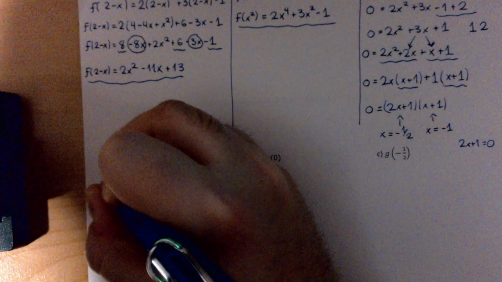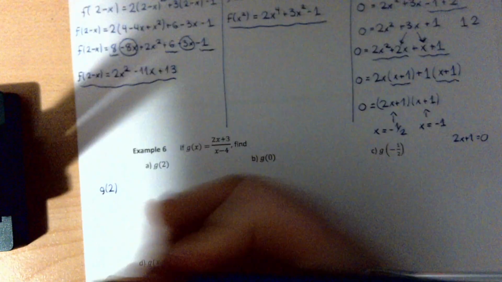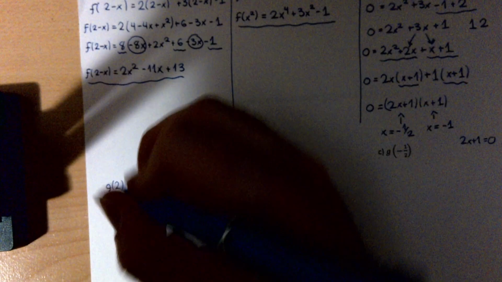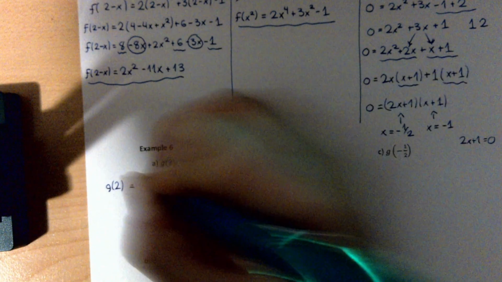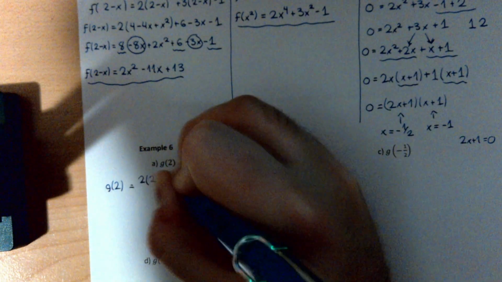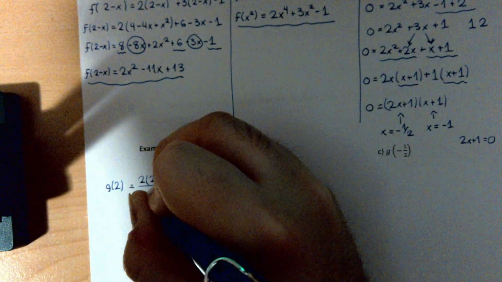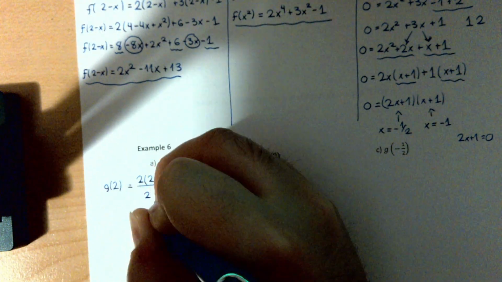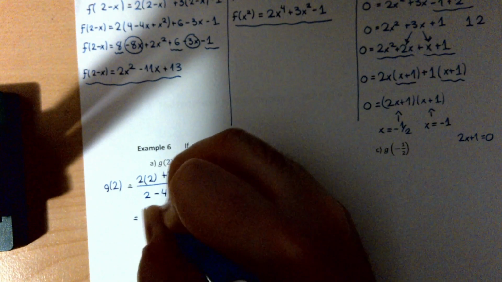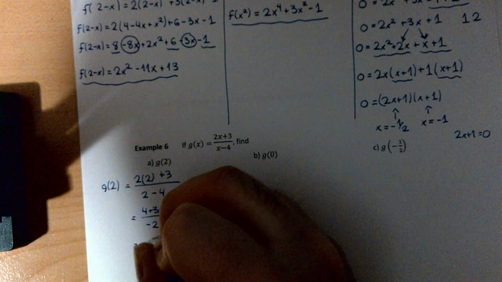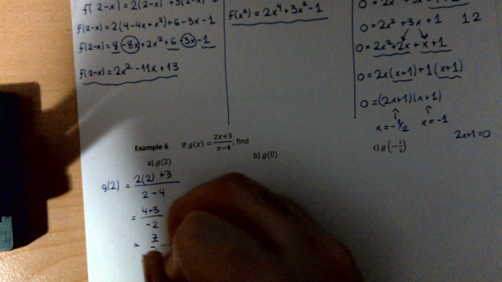So g of 2, I'm going to go through the first two a little bit faster because they're really nice numbers to work with. So g of 2 is just going to be equal to 2 times our x, which is now 2, plus 3, over 2 minus 4. And now just simplifying, 2 times 2 is 4, so I've got 4 plus 3 over negative 2, and that's just going to be 7 over minus 2.